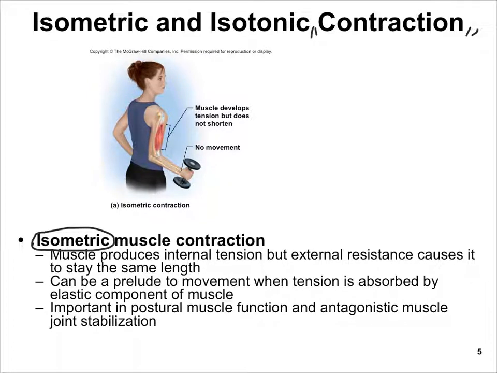Let's say there's this huge big box. It's really, really heavy. You bend down, you try to lift it up, and it is not budging, even though you're straining against it. That is isometric contraction.